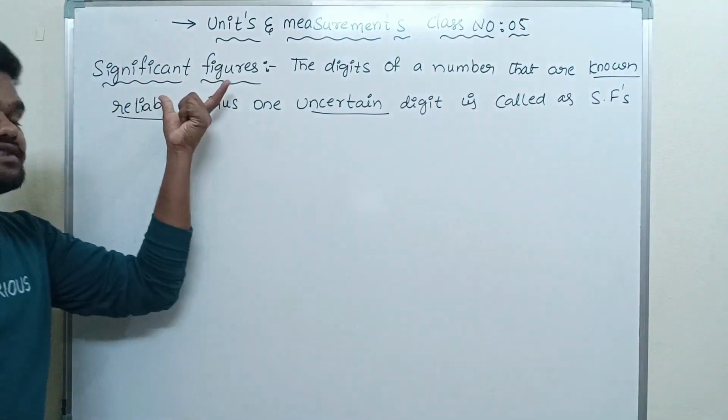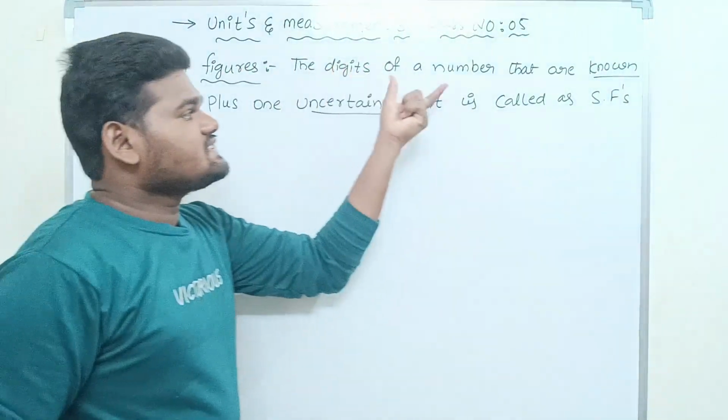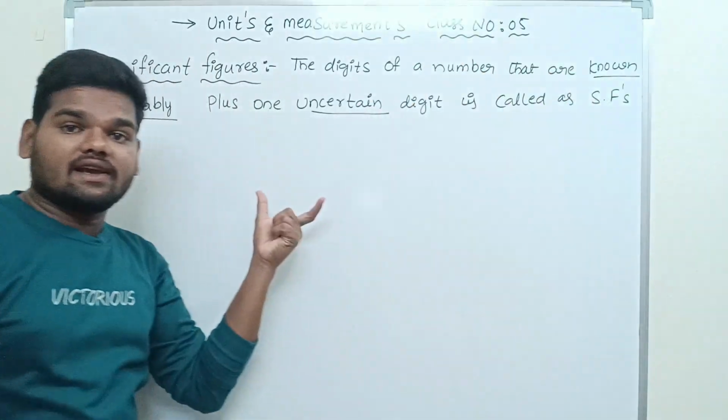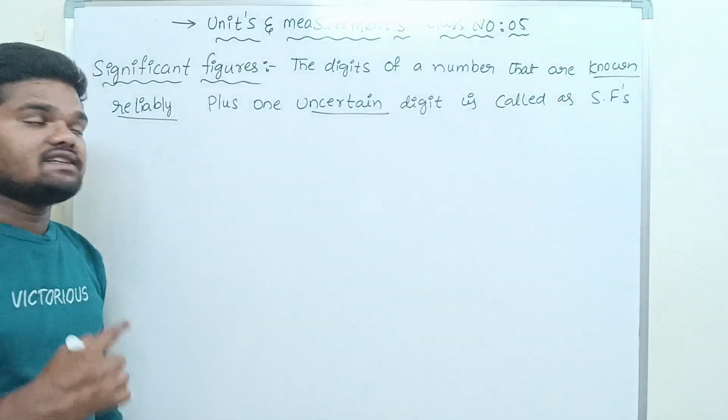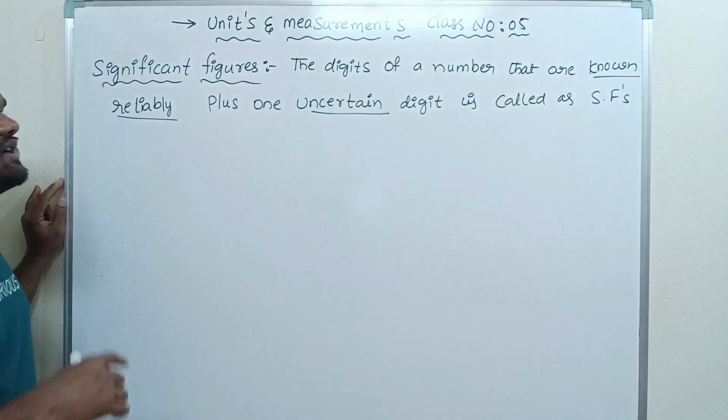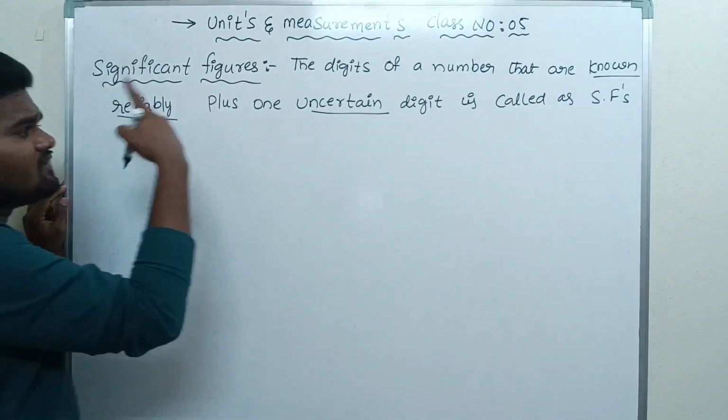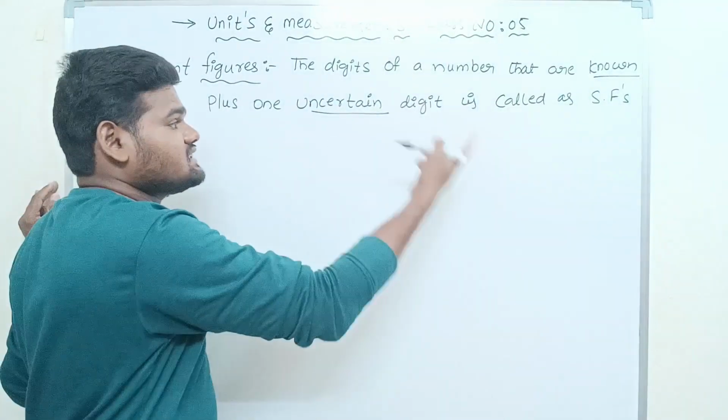So what is the definition of significant figures? The digits of a number that are known reliably plus one uncertain digit is called what? Significant figures. What is the meaning of known reliably? What is the meaning of digit? What is the meaning of uncertain digit?